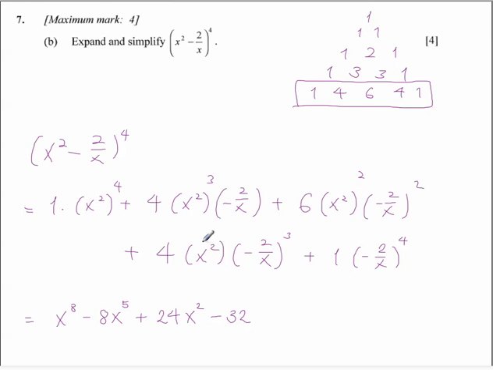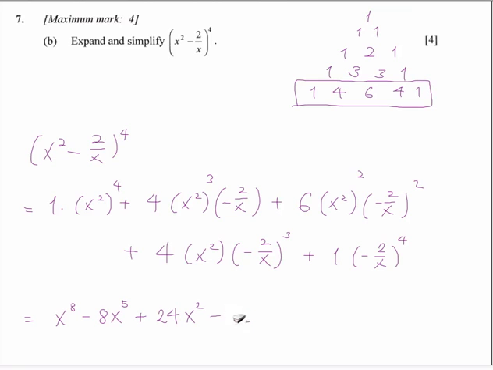And 2 x's on top, 3 x's on the bottom, then you're going to have 1 x on the bottom. So 32 over x. And then the negative term is raised to an even power, so it's plus 2 to the fourth power is 16, and x to the fourth power on the bottom, or in the denominator.